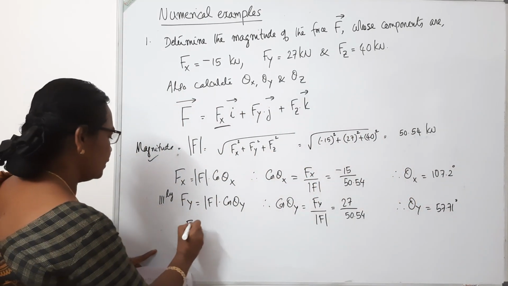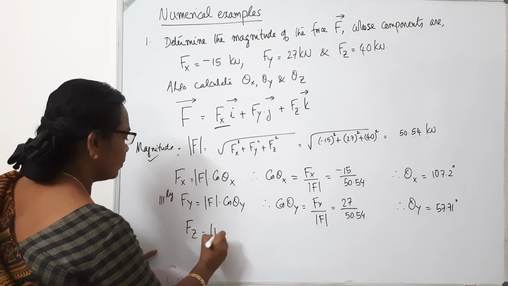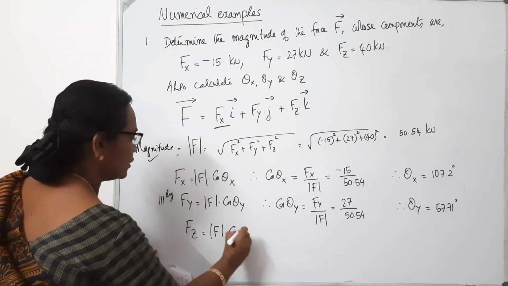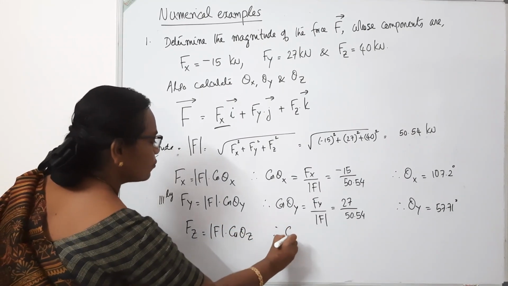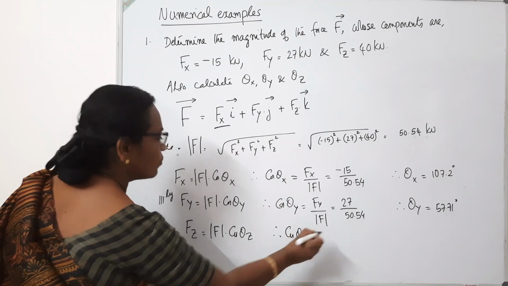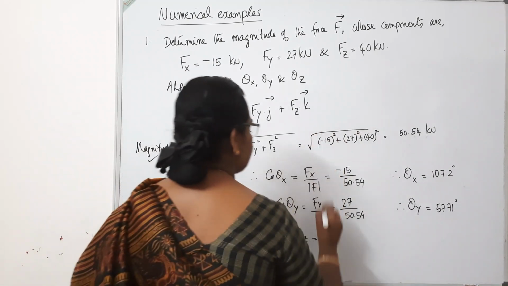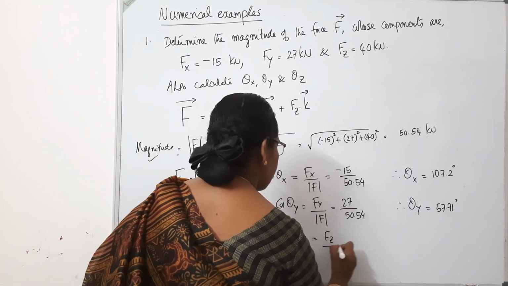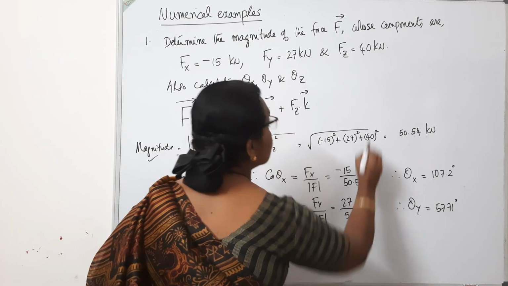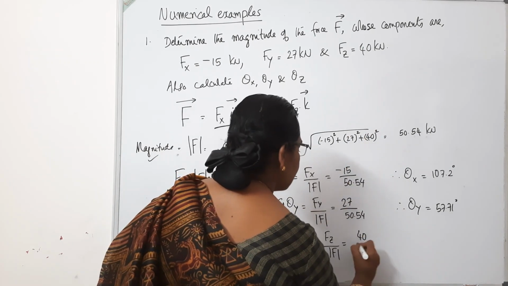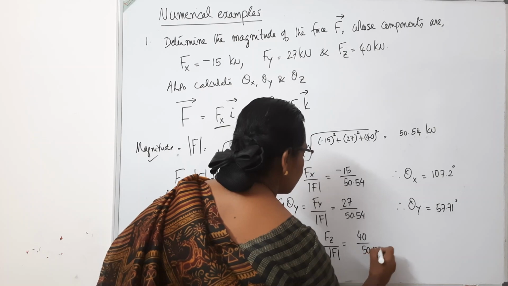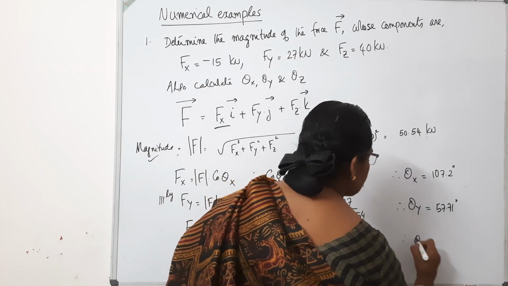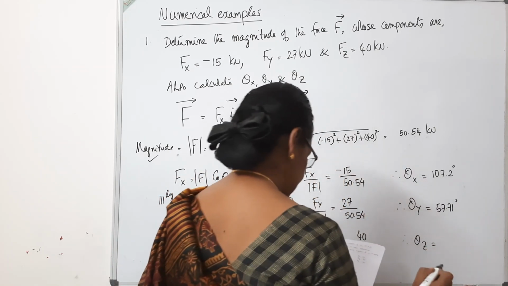Similarly, Fz is equal to F cos theta z, therefore cos theta z is 40 divided by 50.54, and theta z is equal to 37.6 degrees.